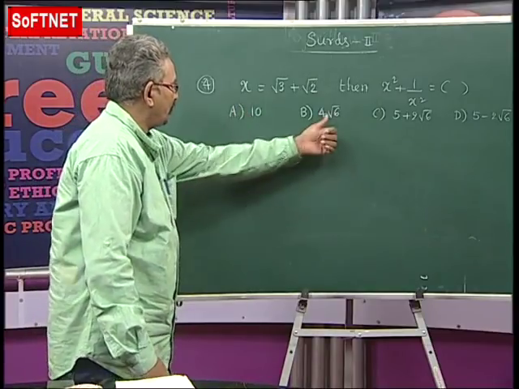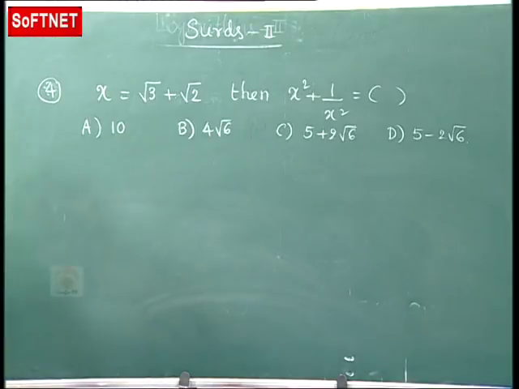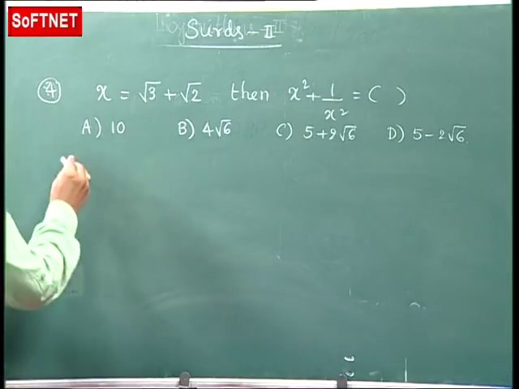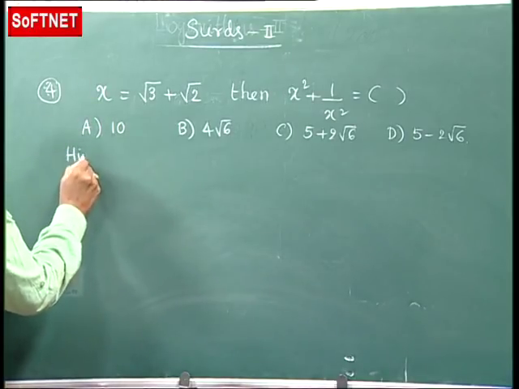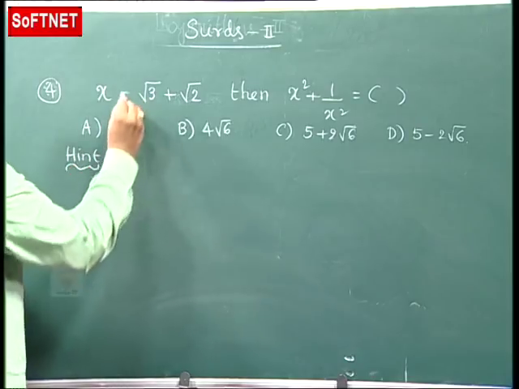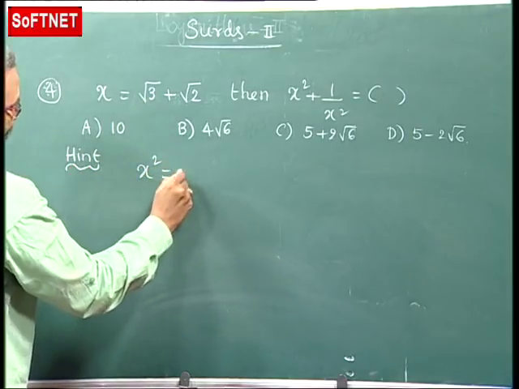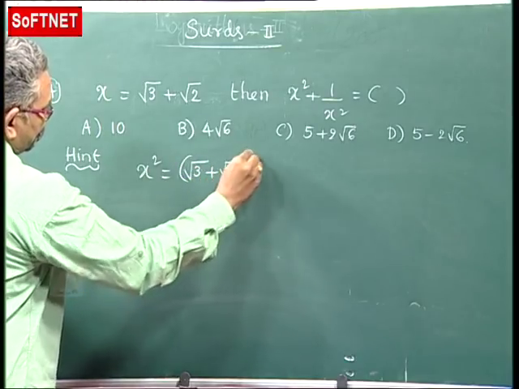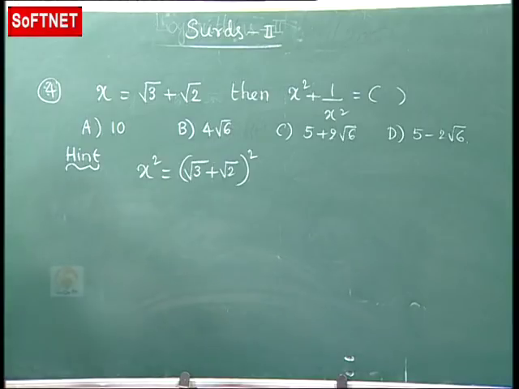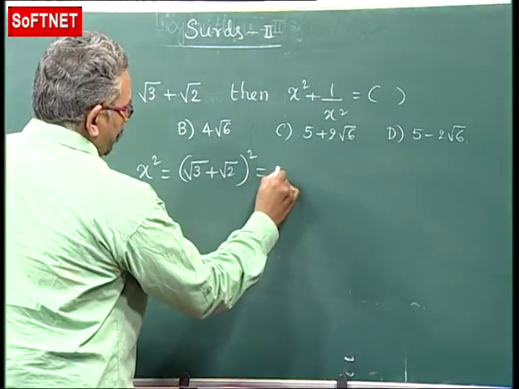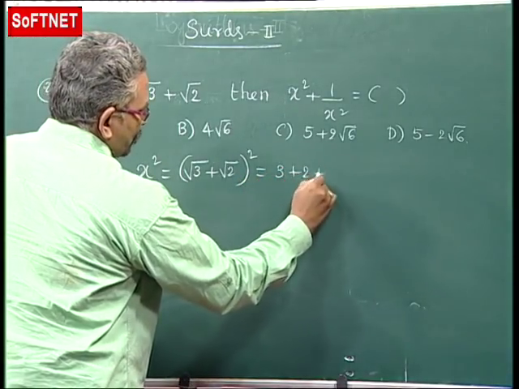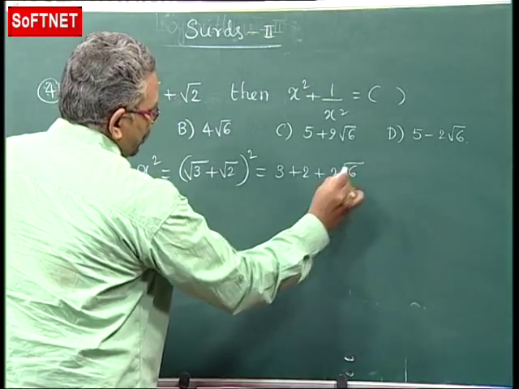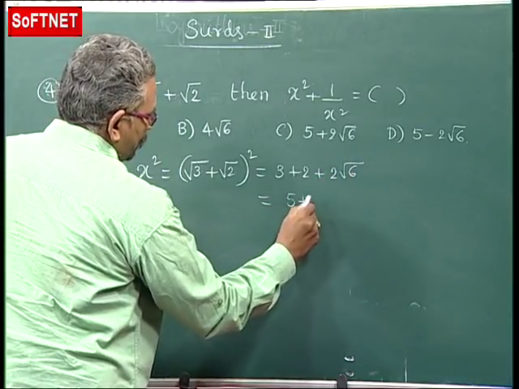First of all, let us find out x square value here. x square, that is root 3 plus root 2 whole square. So this will be 3 plus 2 plus 2 root of 3 into 2, 6. So 5 plus 2 root 6.